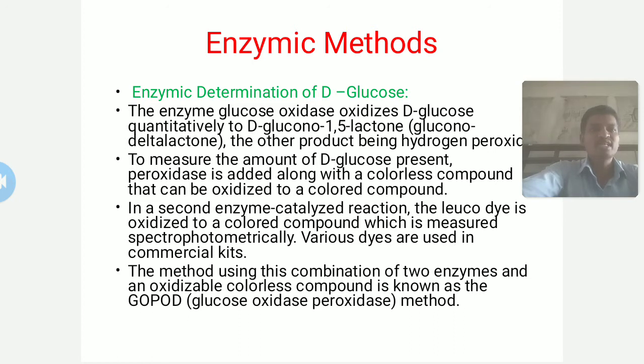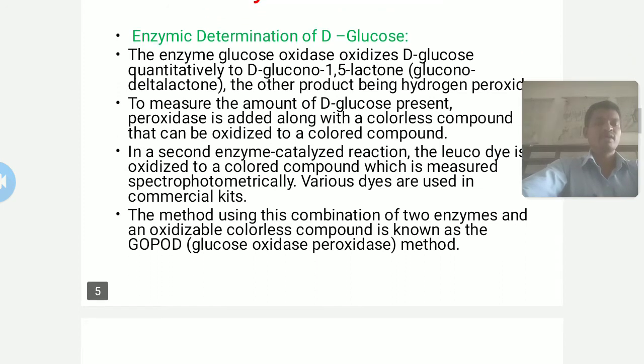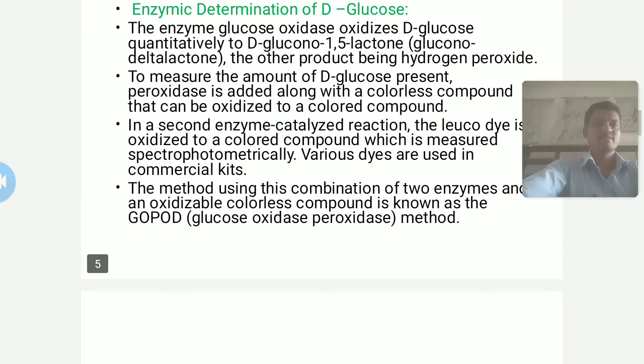The method using this combination of two enzymes and an oxidizable colorless compound is known as the GOPOD, glucose oxidase peroxidase method. G for glucose, O for oxidase, PO for peroxidase. So this is the GOPOD method using two enzymes for the analysis of mono and oligosaccharides.